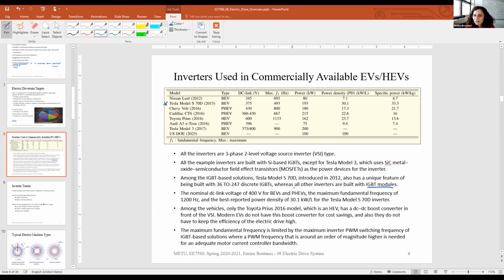Any idea? What can D be? Sport or normal, something like that. D is all-wheel drive. I think it stands for double. What's 70?